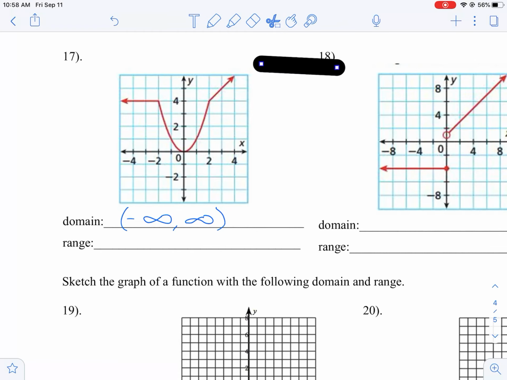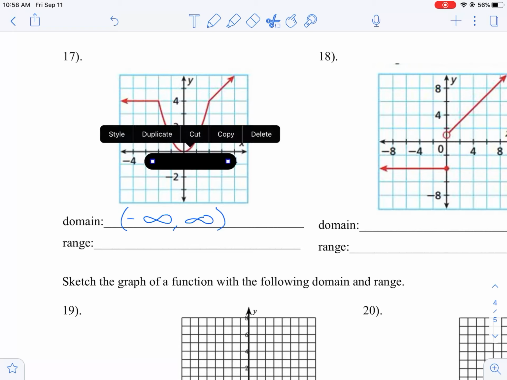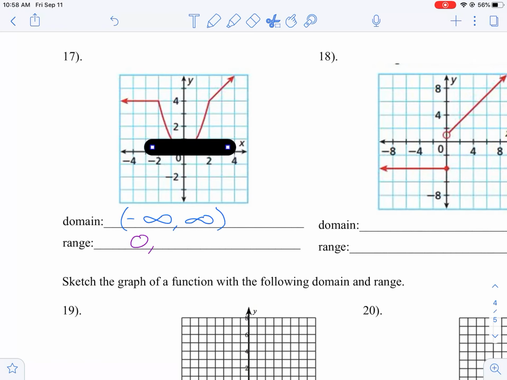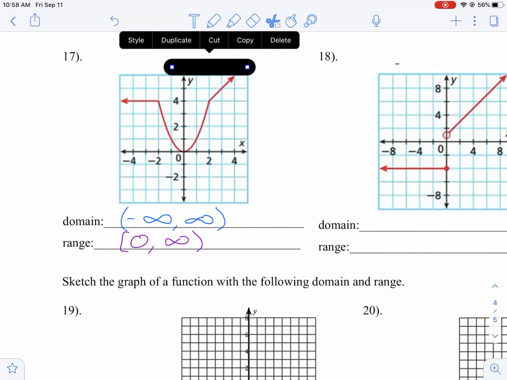Now for my range, let's rotate this guy from the bottom, starting at 0. And it is going to keep going up and up and up to positive infinity. 0 is a bracket, infinity is a parenthesis.